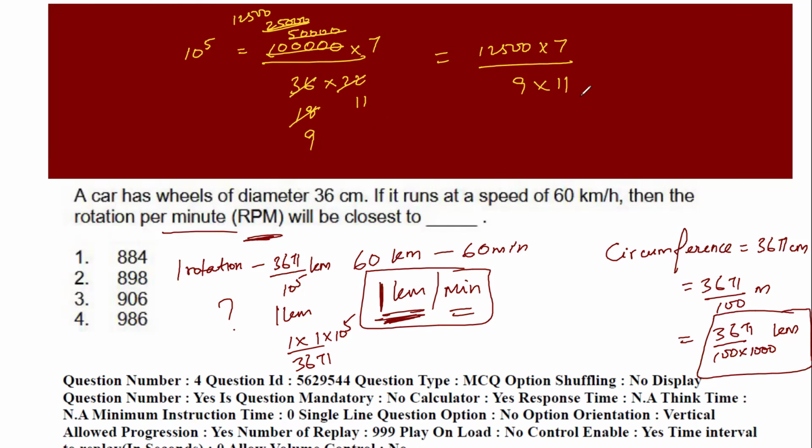So now we know that 1 by 9 is 0.11111, right? So therefore this 7 by 9 will be 0.777, which is 0.777 bar, equal to 7 by 9.